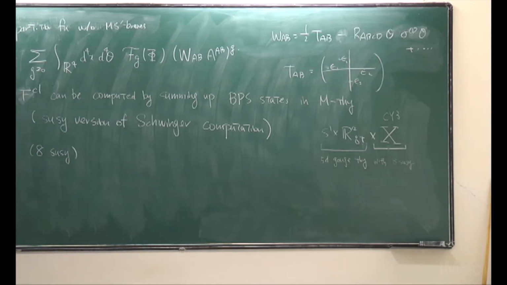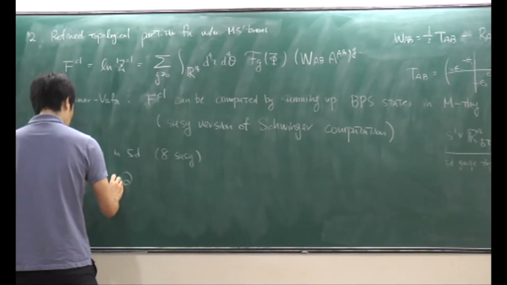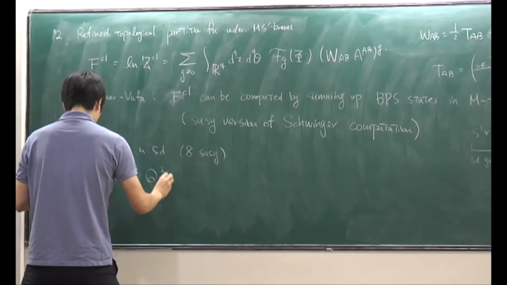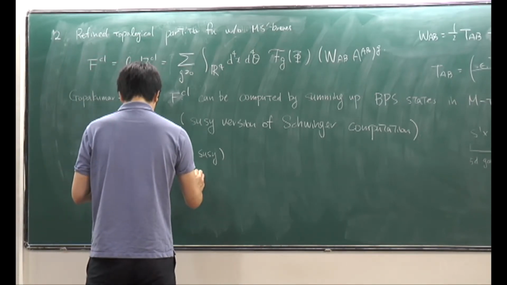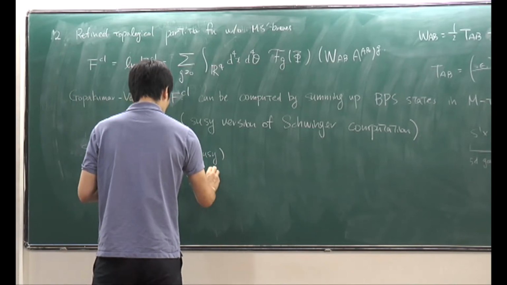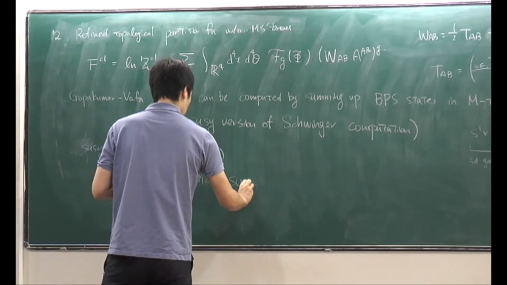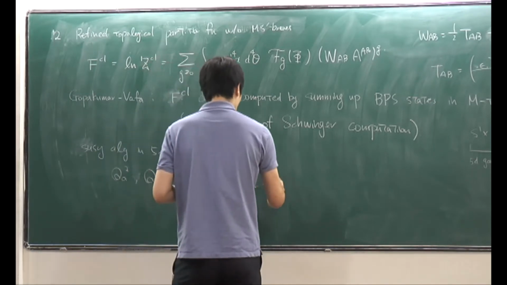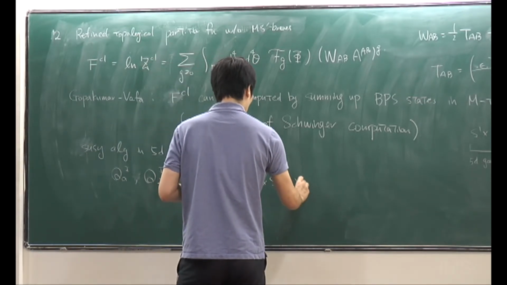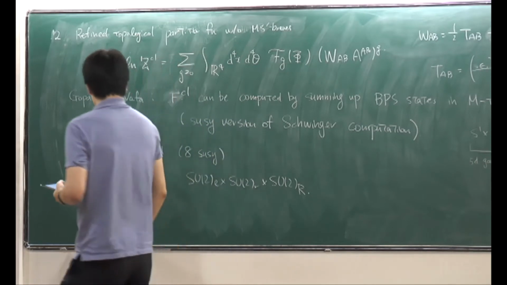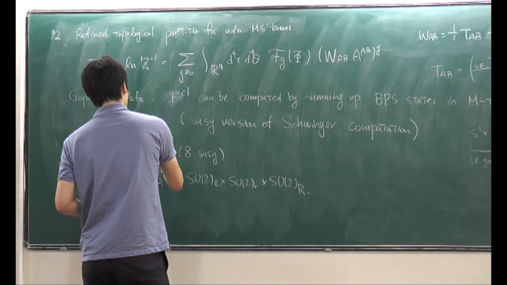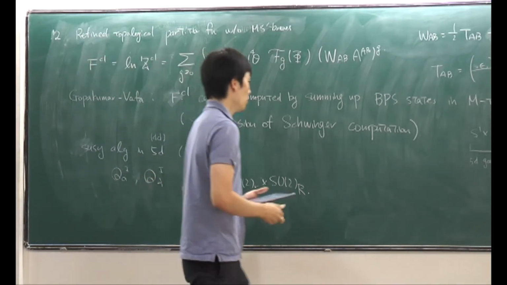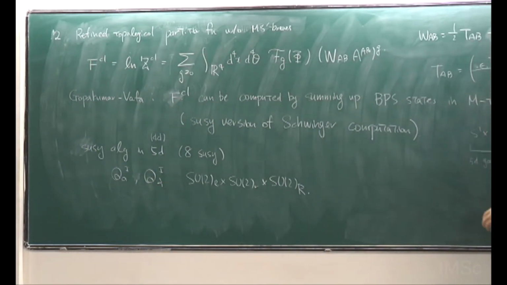Then Q^I_alpha and Q^I_alpha-dot are transformed by SU(2) left cross SU(2) right cross SU(2) R-charge. 5D or 4D, it depends: if you compactify on S1, you get a 4D theory.